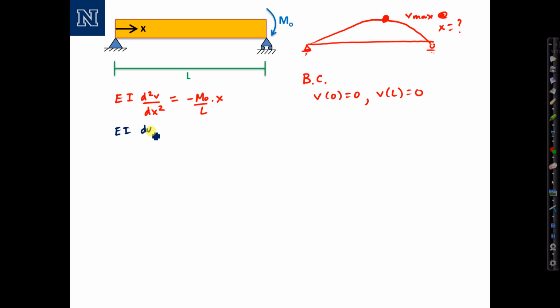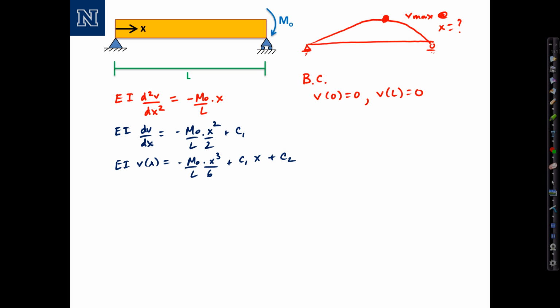EI dv by dx equals negative M0 over L times x squared over 2 plus a constant of integration. We'll integrate again. EI times v of x equals negative M0 over L times x cubed over 6 plus c1 x plus c2.